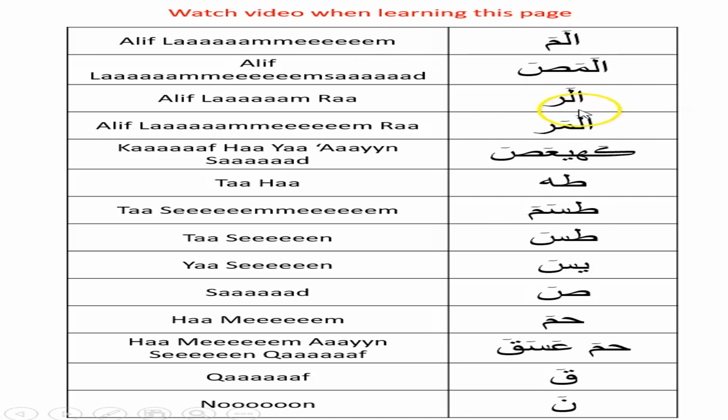Alif lam ra. If you also notice, ra is from the hayya tuhr, and it has nothing written on top of it as well. Alif lam mim ra.